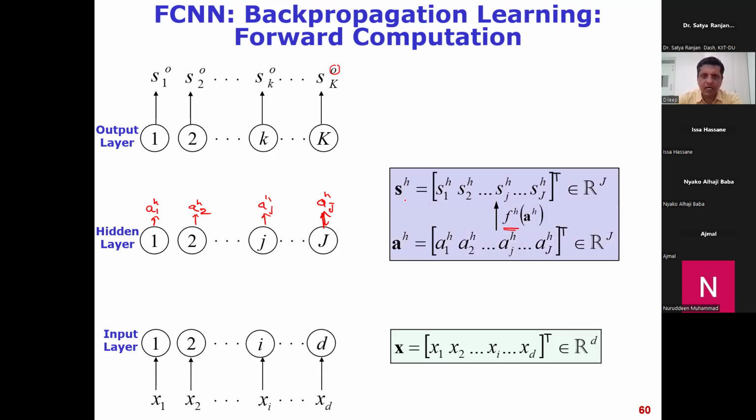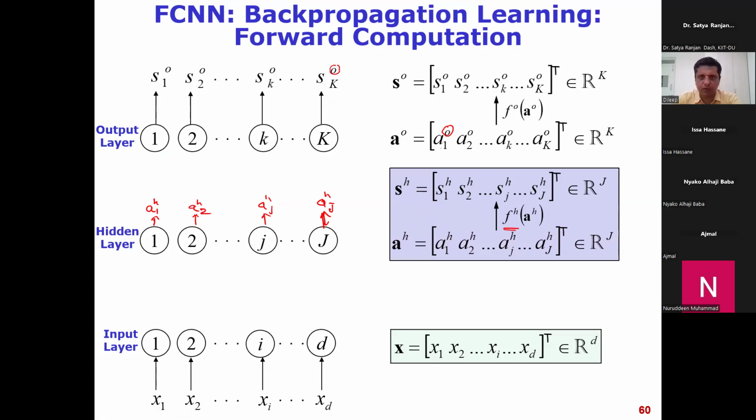This output is given as input to each neuron in the output layer, which produces the activation values A1, A2, A3 with superscript O, indicating the output layer. The activation function is then applied to get the actual output of the network. This is the propagation of the inputs in the forward direction to produce the output.